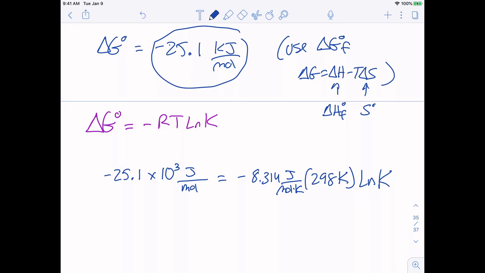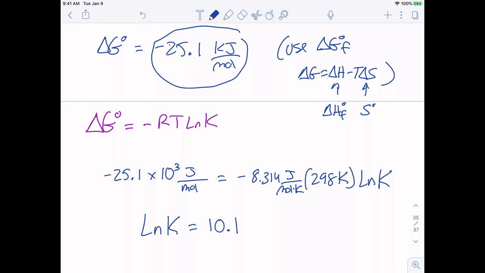I'm going to multiply my gas constant times my temperature, take that whole thing, the negative of it, don't forget the negative in the formula, and divide it through on both sides to get rid of it, and then I'll have a number equal to the natural log of K. So I end up that the natural log of K is equal to 10.1.